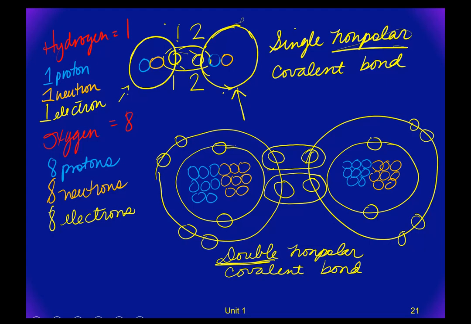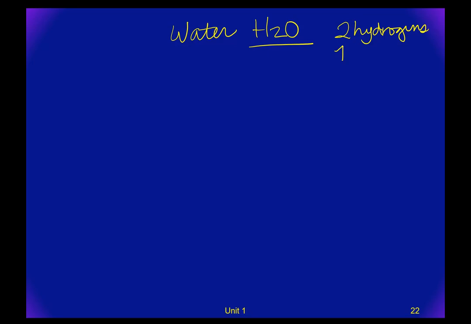So, let's talk about when it's a little bit different. What is the chemical formula for water? H2O, right? What does that mean? I have 2 hydrogens and I have 1 oxygen. So let's draw that.